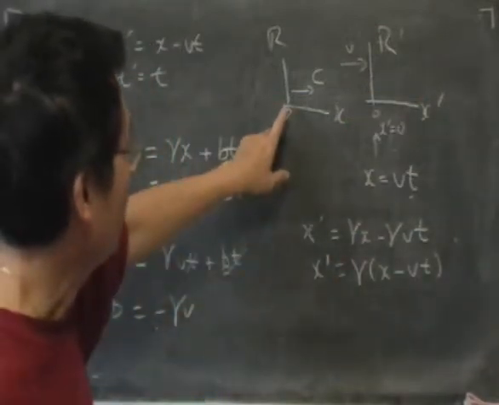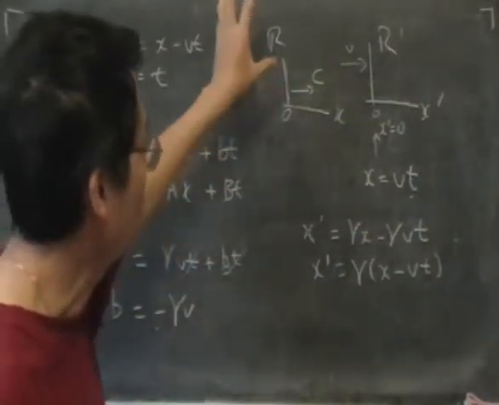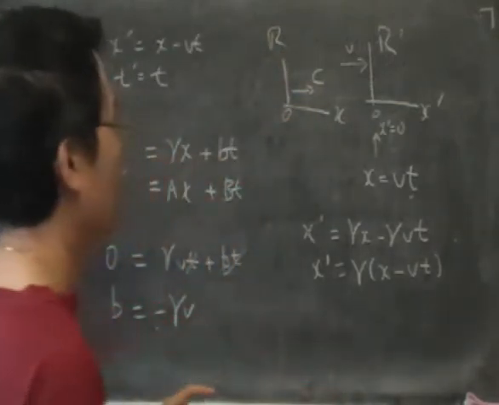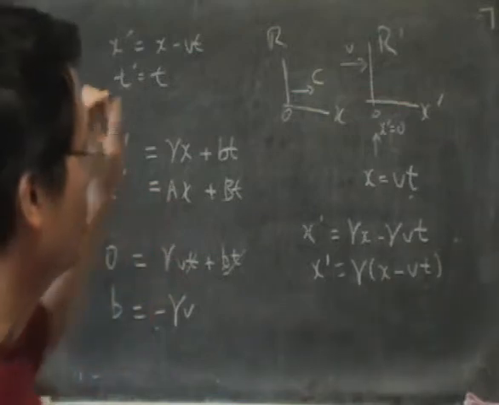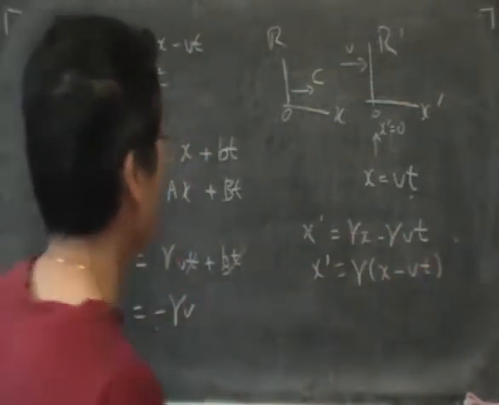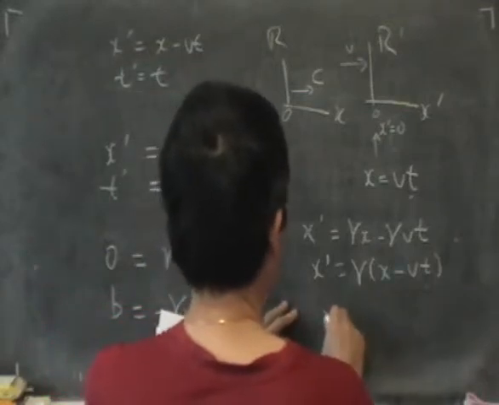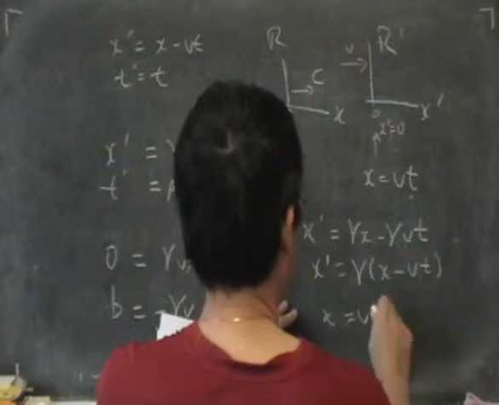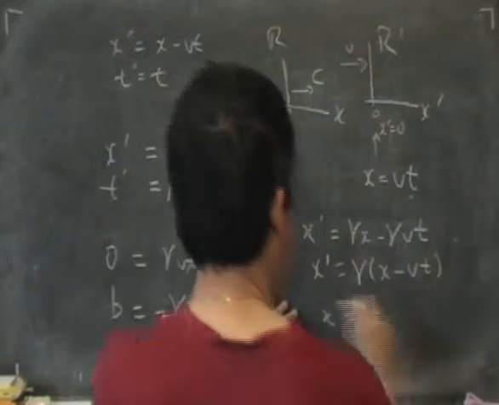So from the viewpoint of this observer, I would have a relation for the position of the light as it moves. And that would be x is equal to c times time.